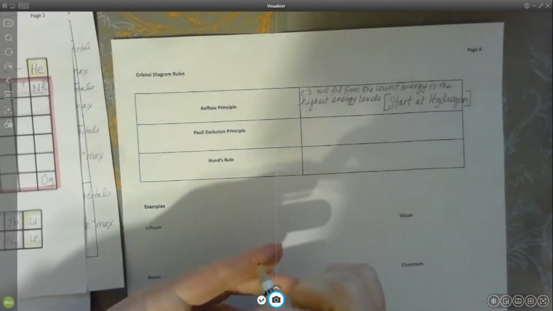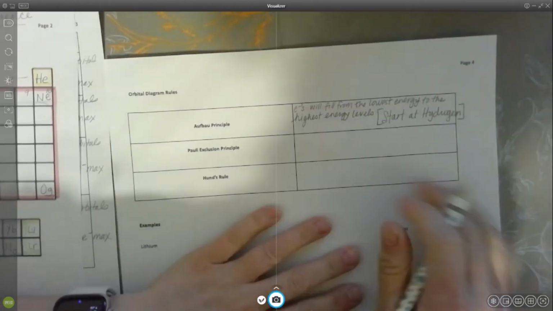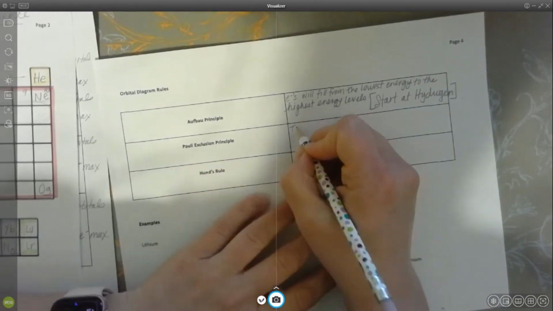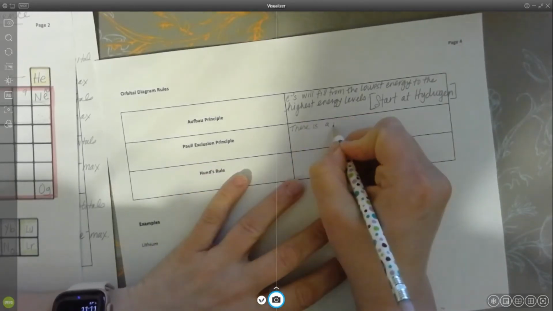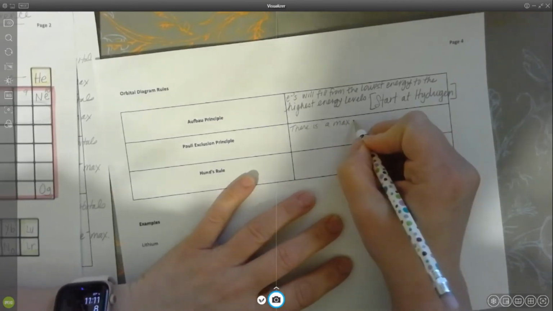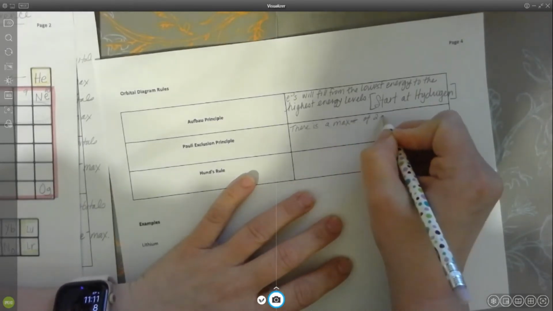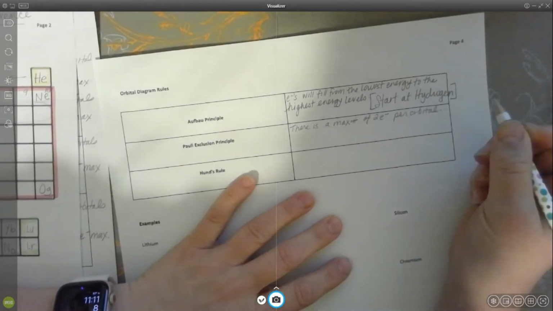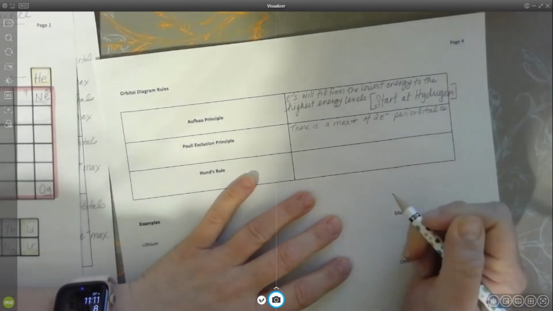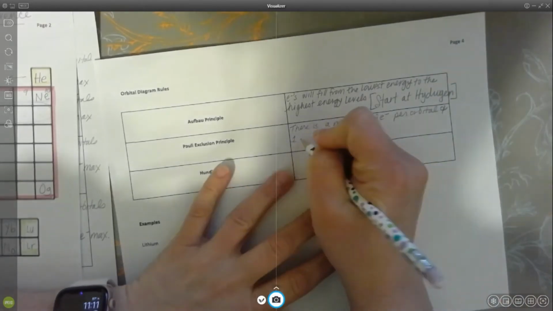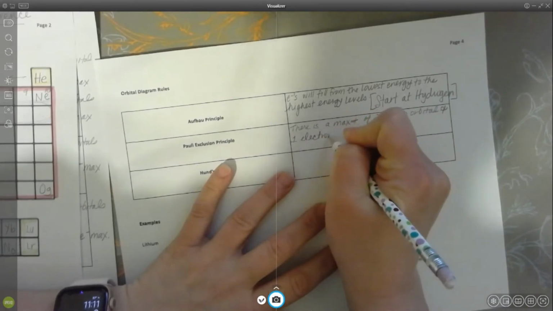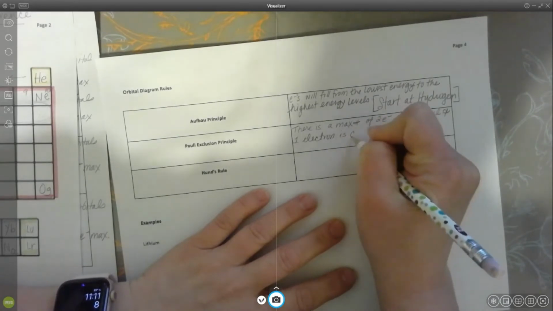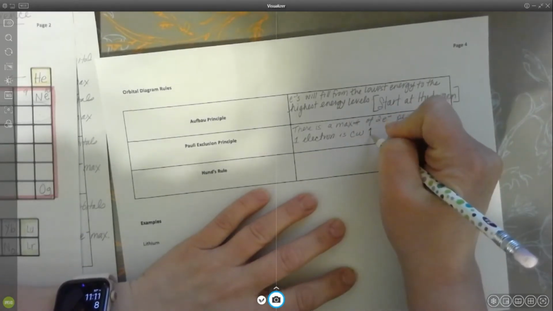All right, the second rule in this process is the Pauli exclusion principle. That says there is a max number of 2 electrons per orbital, which I think I've gotten that point across. And it says 1 electron is clockwise, so we make that with an upward arrow.